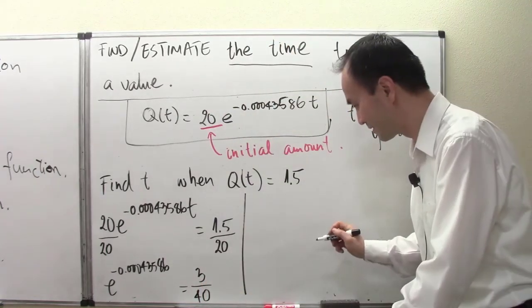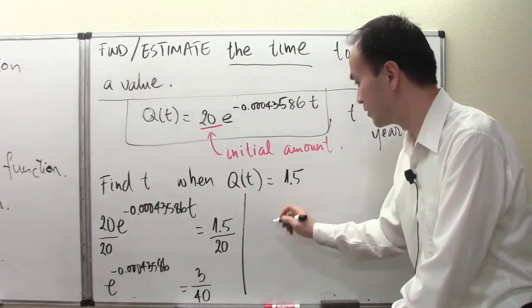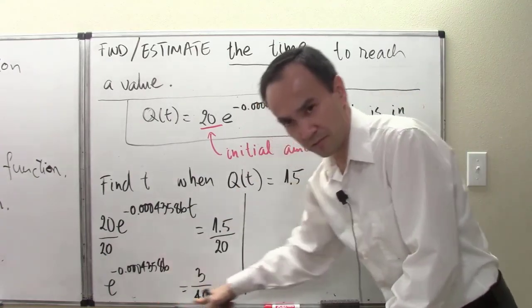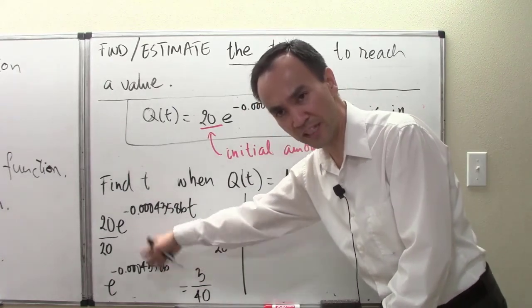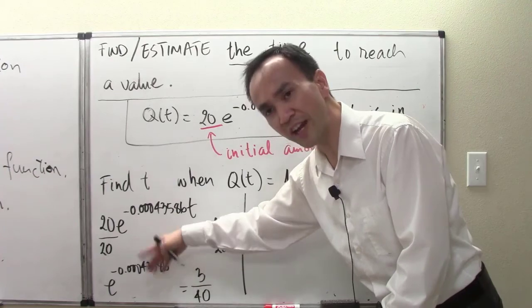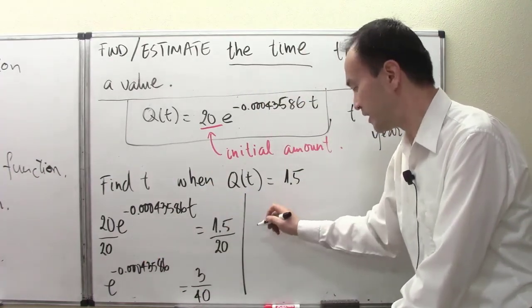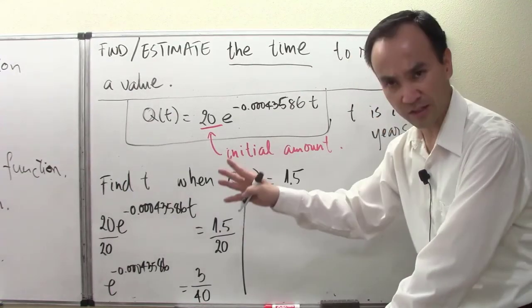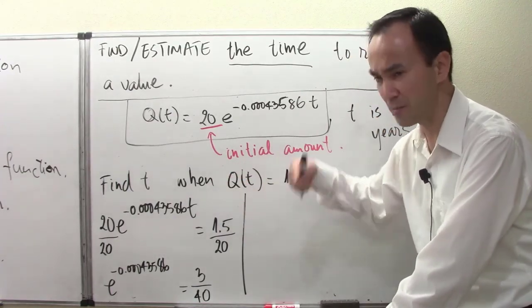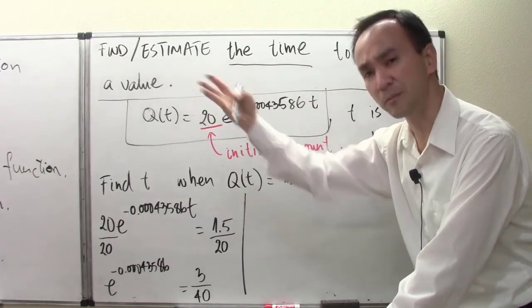In my next step, this equation is now reduced to the form of an exponential equation. Then in the next step, I can rewrite that as an equation in logarithmic form. Again, any one of the steps here is pretty much a repeat of some work we have done earlier.